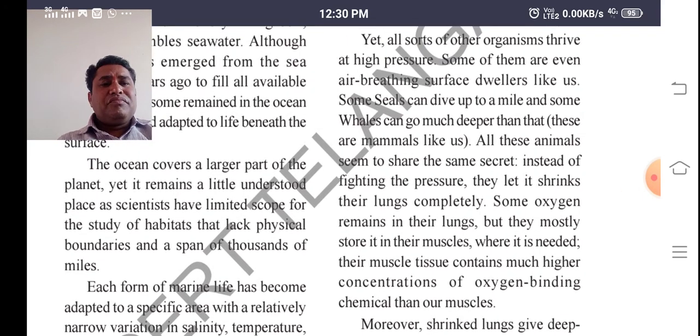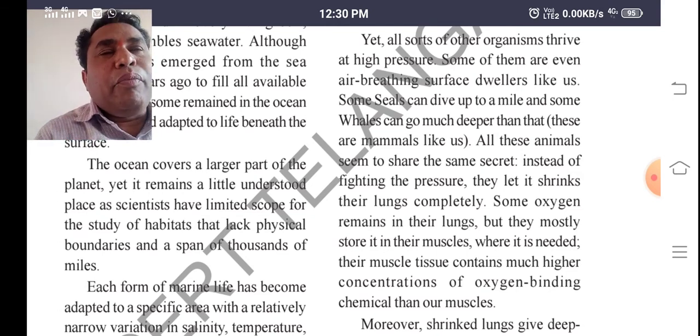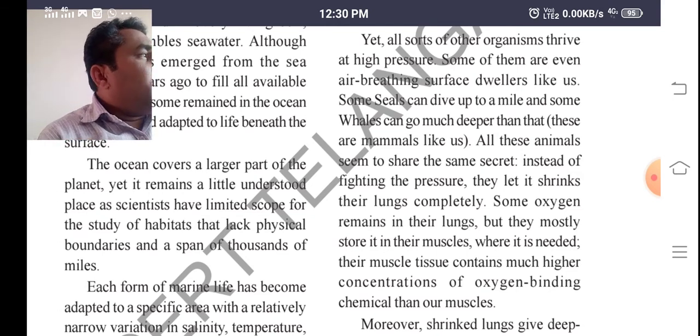So here, this is the most important point: in water, the oxygen is present in the dissolved state.